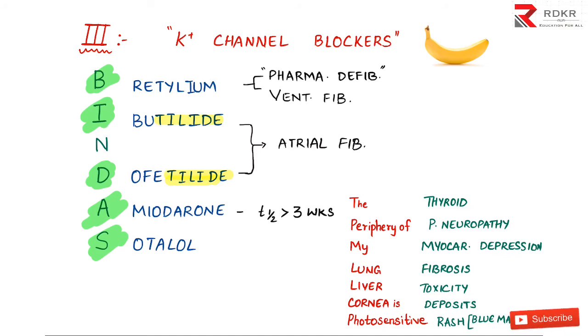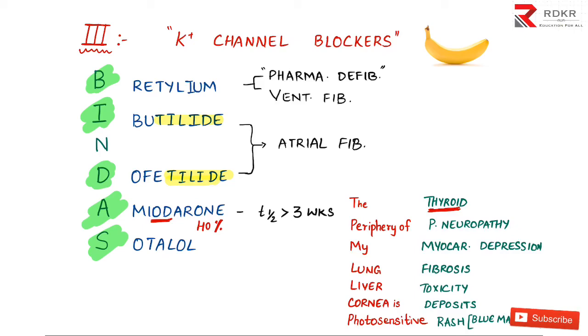About the amiodarone, the most important thing you have to remember is the IOD. The IOD tells you that there is an iodine presence in the amiodarone. About 40% of the amiodarone has iodine content, and that is the reason it has the capacity of causing hypothyroidism or hyperthyroidism.